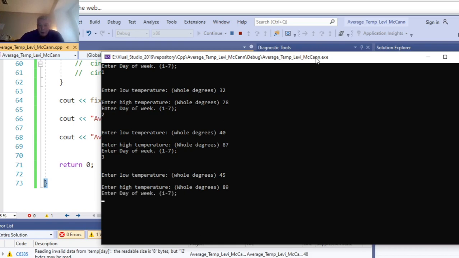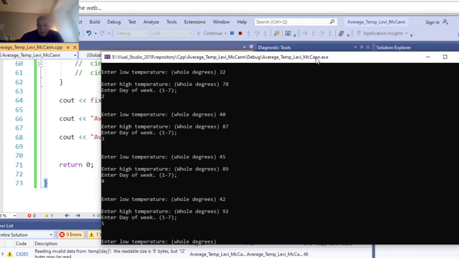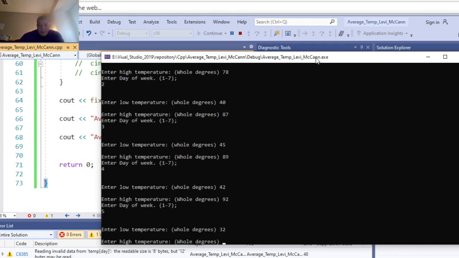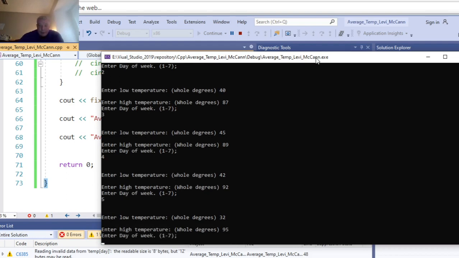And that was, we'll do day 4 now. Low temperature, let's say it was 42. High temperature, let's say it went up to 92 degrees. Day 5, low temperature, let's say it got cold again, but it got really hot. Let's say it was 95 degrees. And day 6, we'll say the low temperature was 68 degrees.